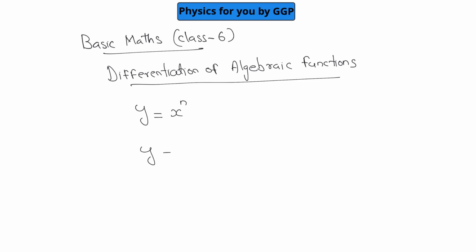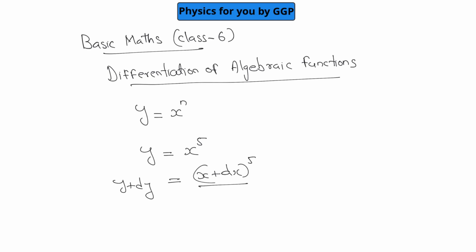Like in a situation where y is equal to x raised to 5, if we use our normal method to find the value of dy by dx, first instead of x we should write x plus dx raised to 5, and instead of y we should write y plus dy.